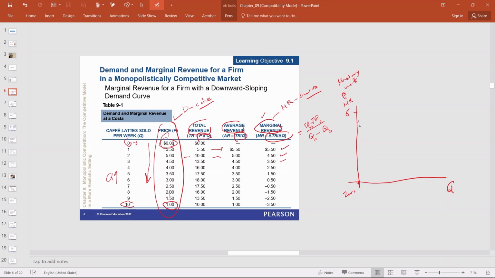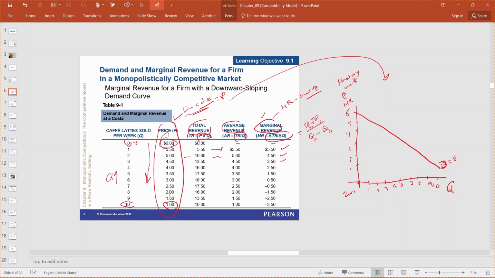It's 5, 4, 3, 2, 1. These are the numbers 2, 3 until we reach 10. So the demand curve or the price is going to look like this. Starts from 6, then it goes down like this. So this is the demand curve equals price.